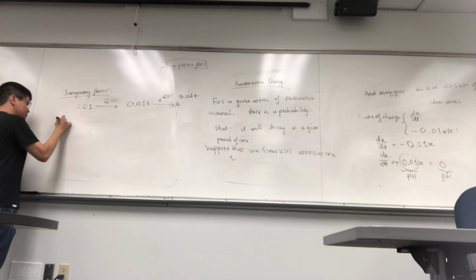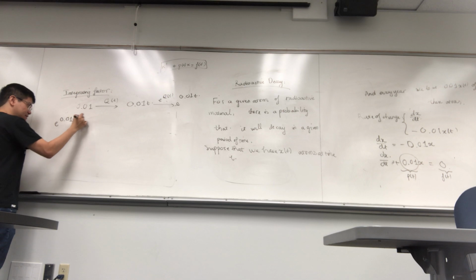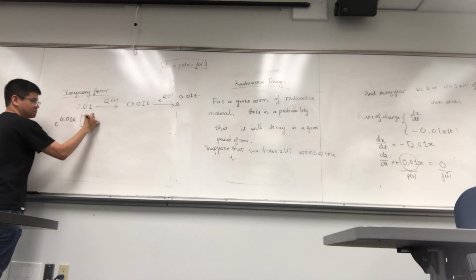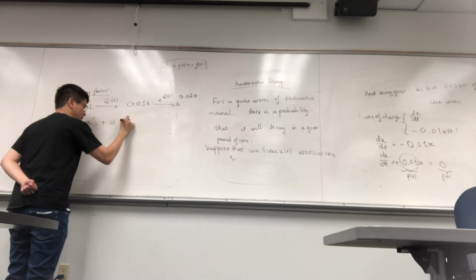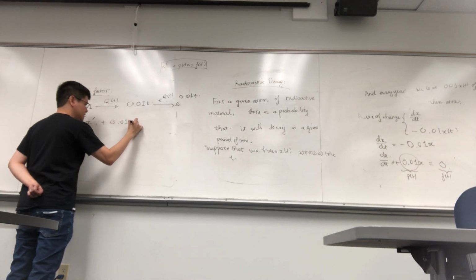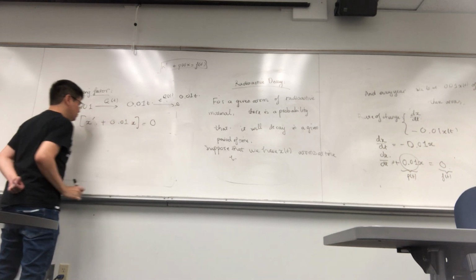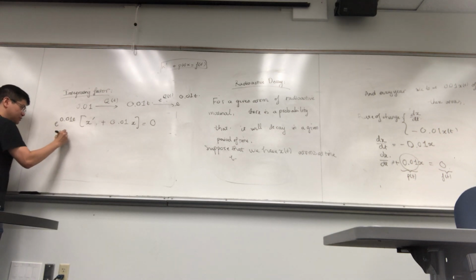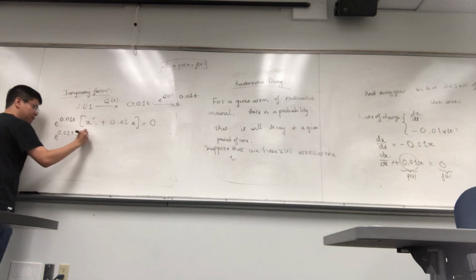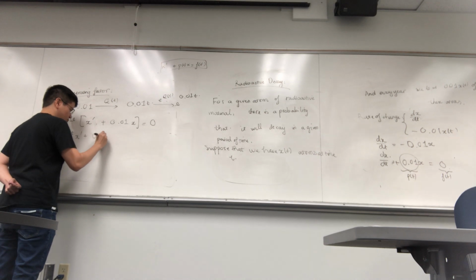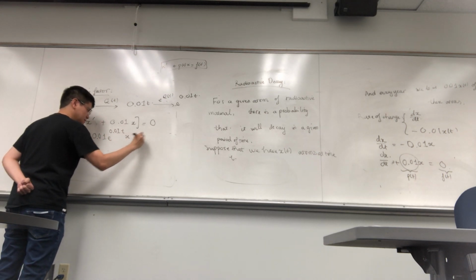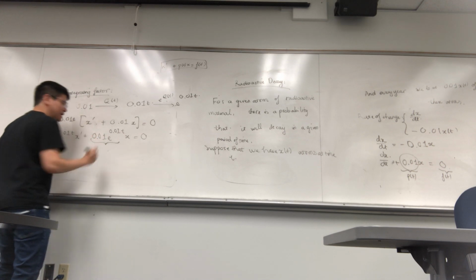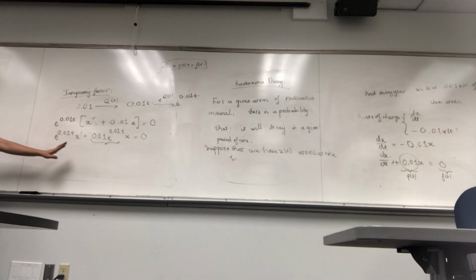I have e to the 0.01t x prime plus 0.01x. This is equal to 0, right? So e to the 0.01t x prime plus 0.01 e to the 0.01t x, and this is 0. So what can I say about 0.01 exponential of 0.01t?